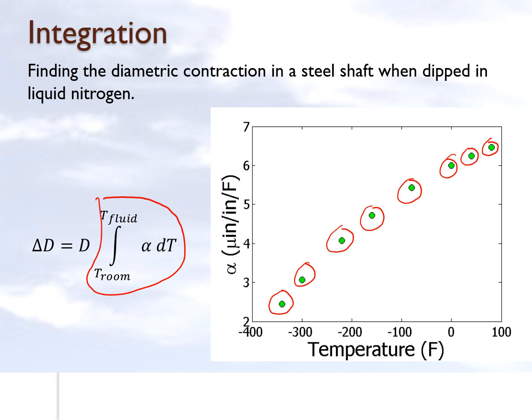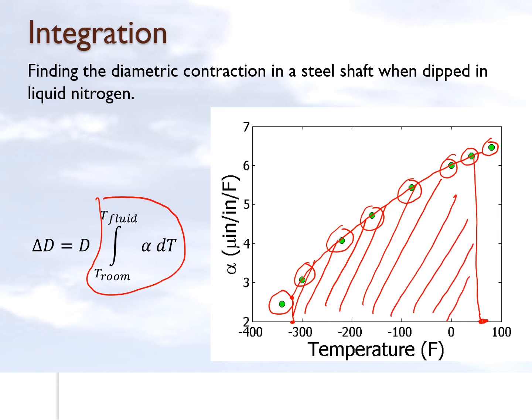So let's suppose I'm integrating from -321 to 80 degrees, I might have to somehow find some kind of a curve which goes through all these points here, or is regressed to these points, to be able to find out the area under the curve here. But no matter what you do, you are going to be numerically finding out what that area under the curve is, to be able to calculate the value of the integral.